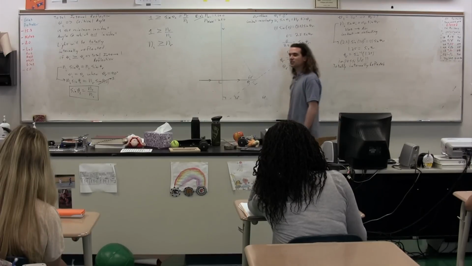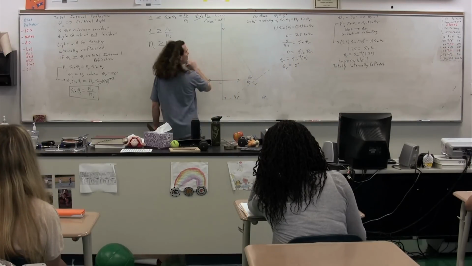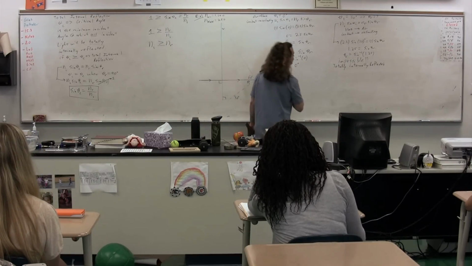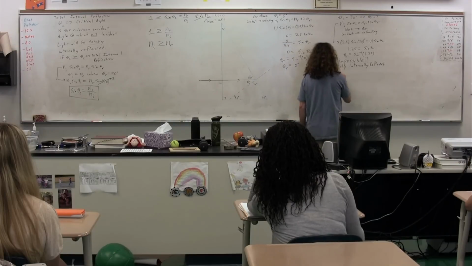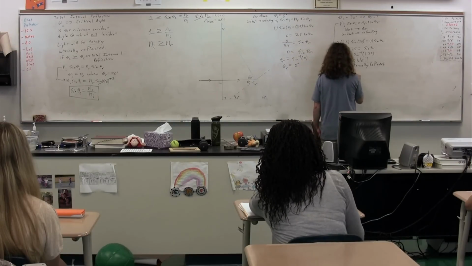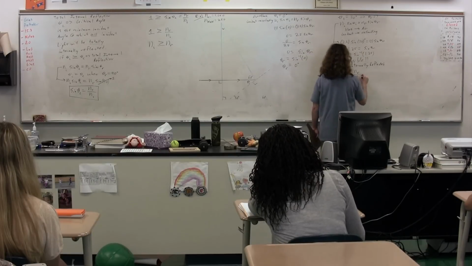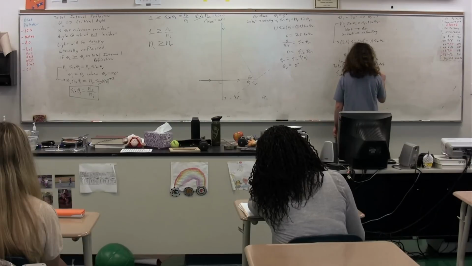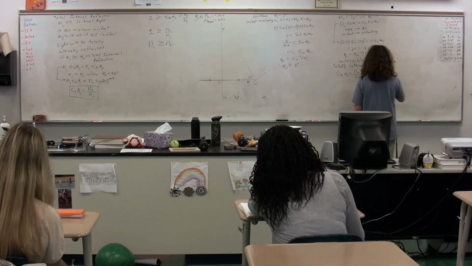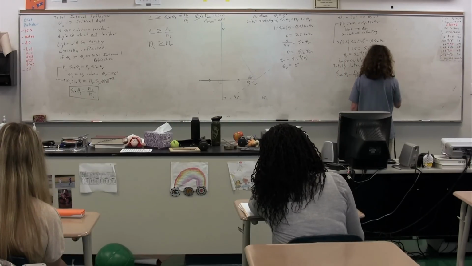Another way to look at it is to figure out the critical angle. We know the sine of the critical angle equals the refracted index of refraction divided by the incident index of refraction. Therefore, the critical angle is going to be equal to the inverse sine of the refracting index of refraction divided by the incident index of refraction.